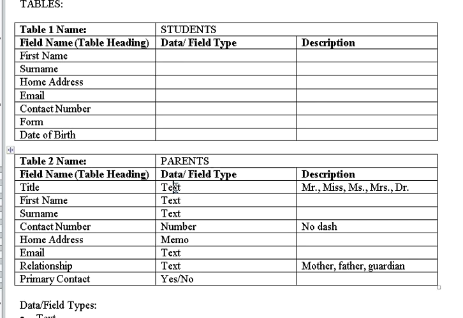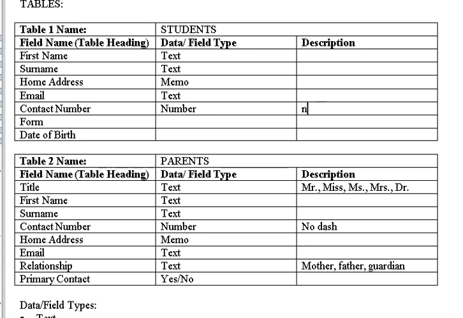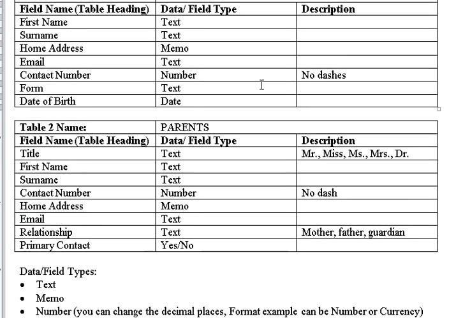Let's move over here. Let's get this text here. Text, memo, email, text. This is number, no dashes. Form would be text, and date of birth would be date, right? Date. Good.